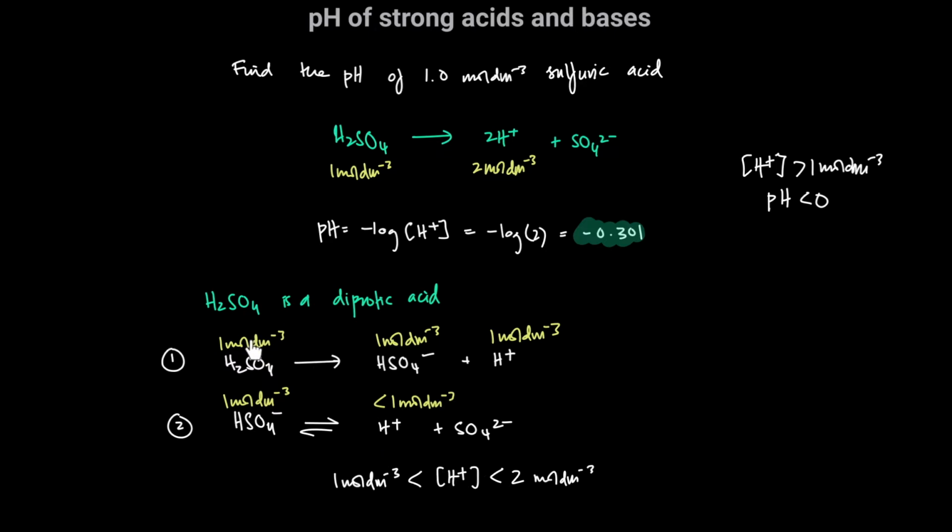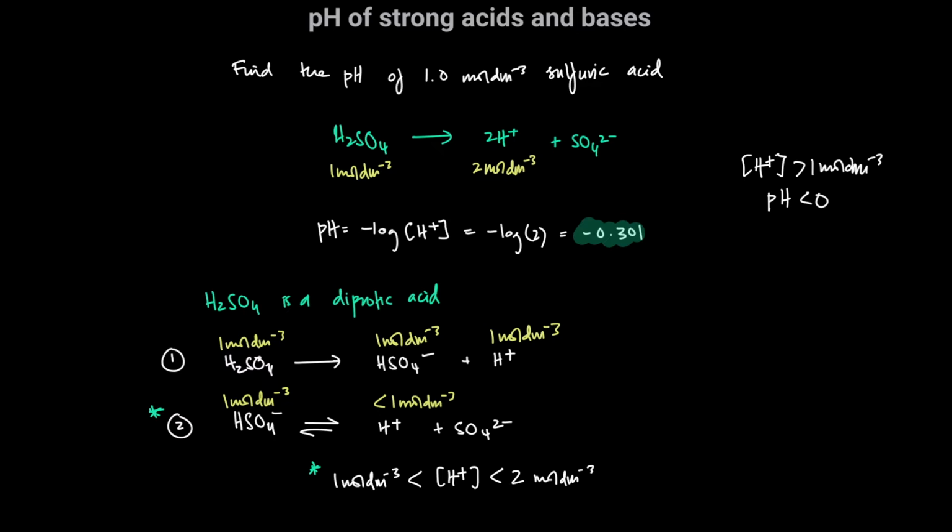So from 1 mole per dm cube sulfuric acid, you won't actually form 2 moles per dm cube of H plus ions. The reason is that the second ionization is a partial ionization.